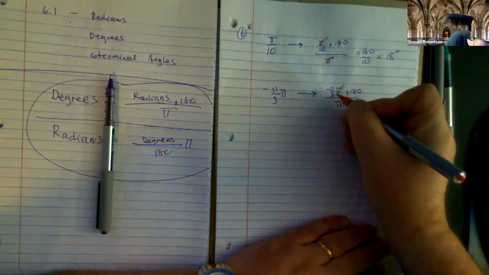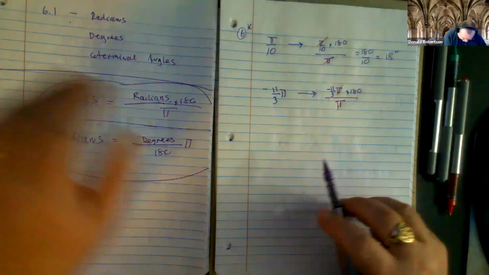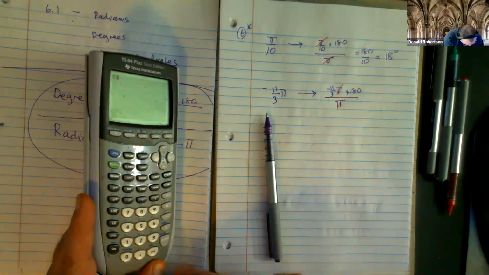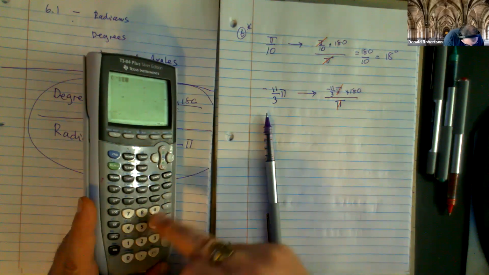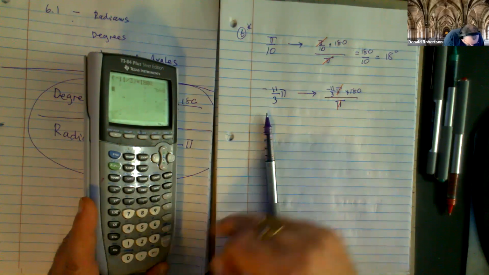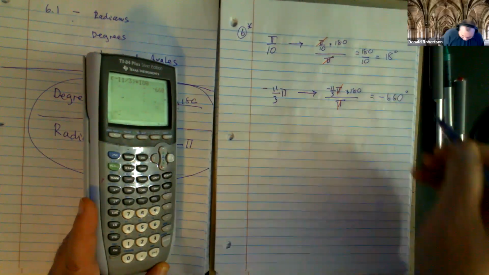So those cancel. And if you do that guy times that guy, I'd probably do it in the calculator. So put a bracket around it for safety. Negative 11 thirds times 180. And the answer I get is negative 660 degrees.